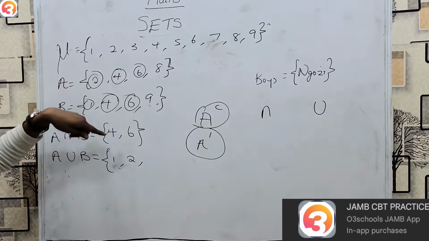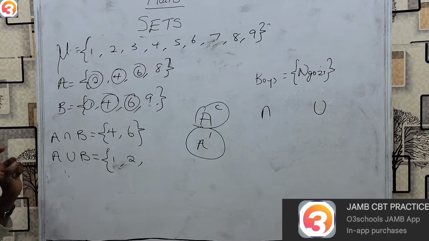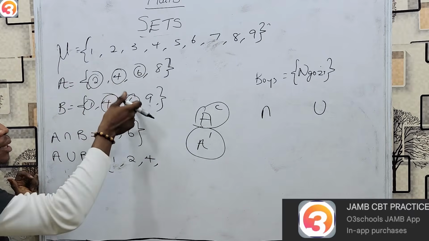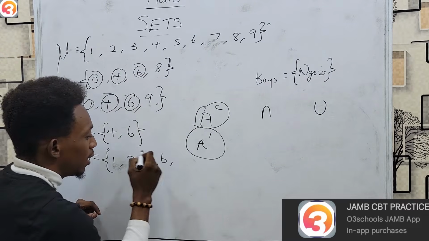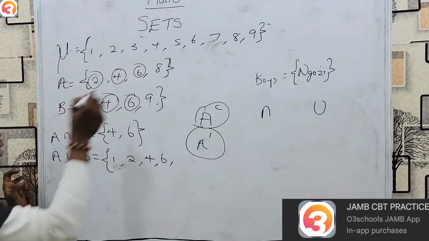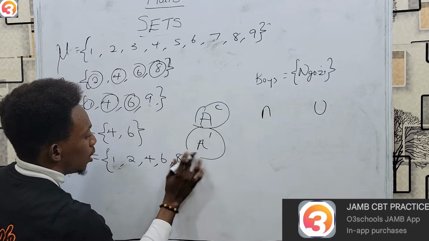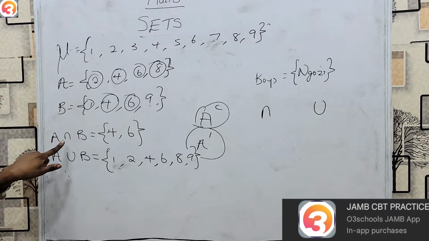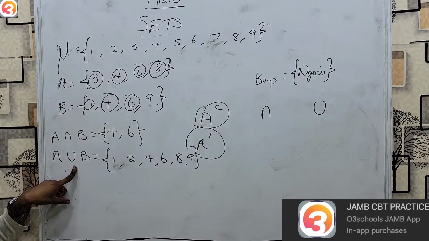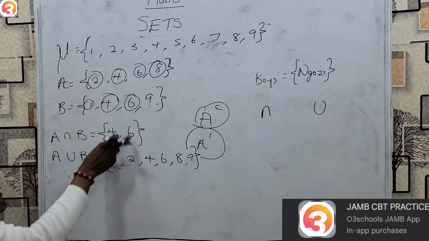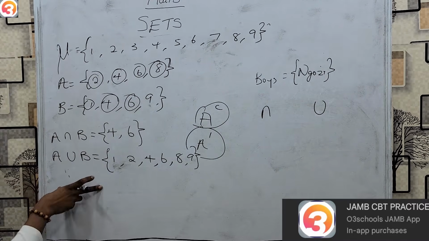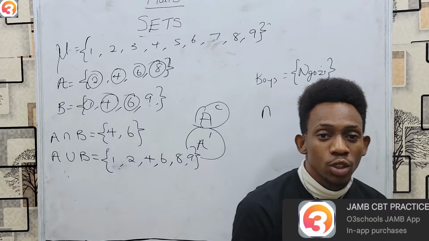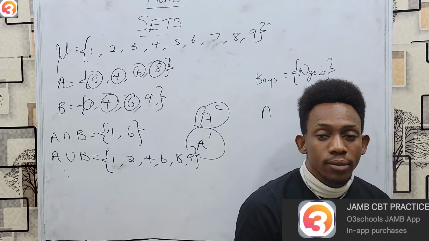Now 4 appears in both, but I'll not write 4 and 4, instead I choose just one 4. 6 appears in both, so I choose just one 6. Then I have 8, and I have 9. And this is the difference between intersection and union. Intersection are simply those appearing in both. Union is a combination of both, and any element that is in both, you take just once.